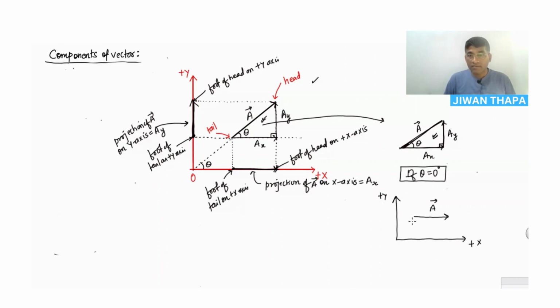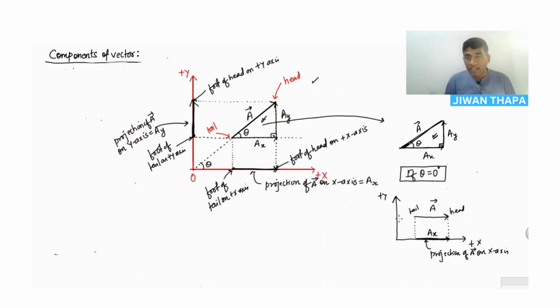If we draw perpendiculars from the tail and head, this line represents the projection of vector A on the x-axis. The projection of vector A on the x-axis is called the component of vector A along the positive x-axis.